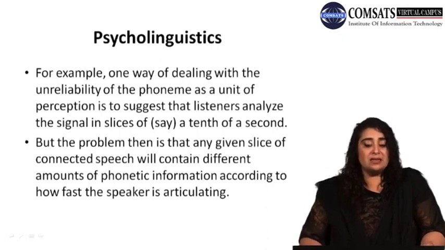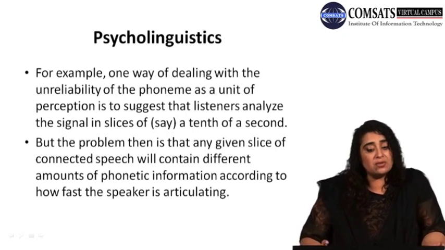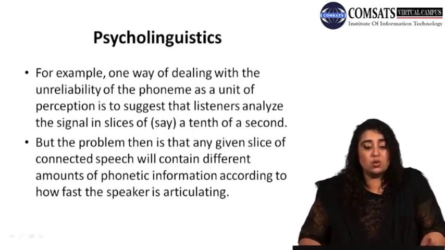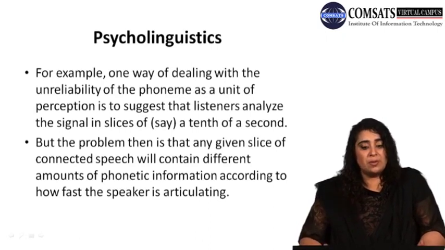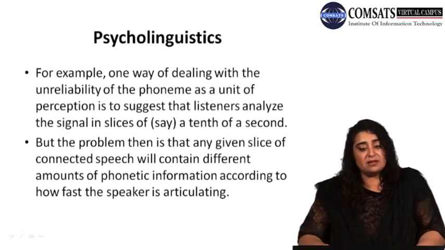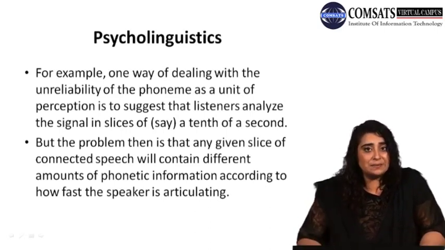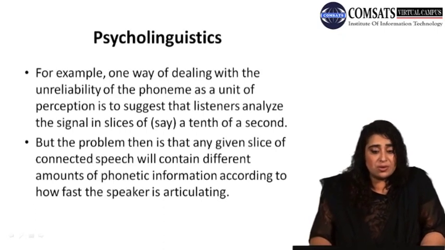But the problem then is that any given slice of connected speech will contain different amounts of phonetic information according to how fast the speaker is articulating. So that would matter a lot.